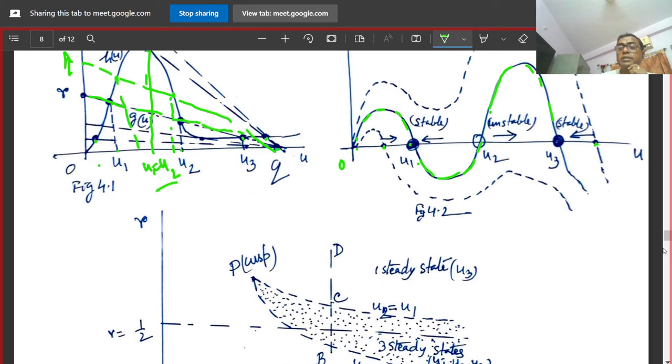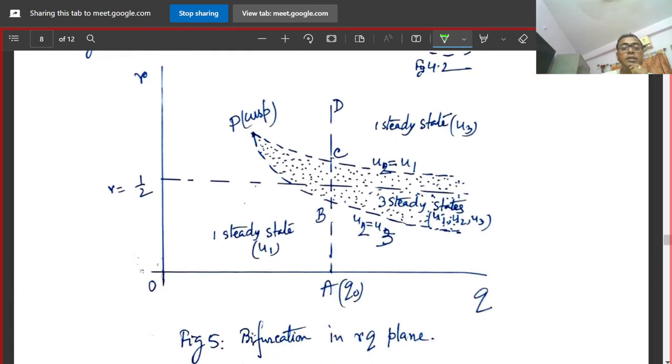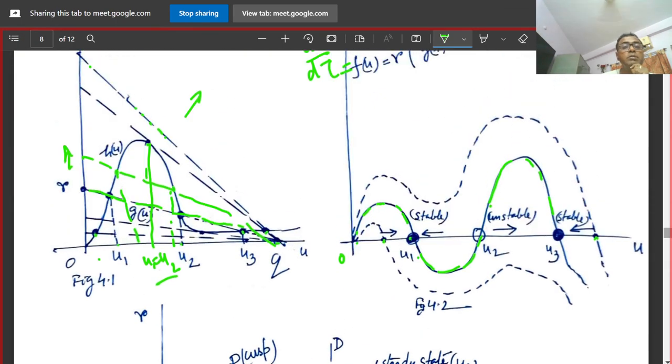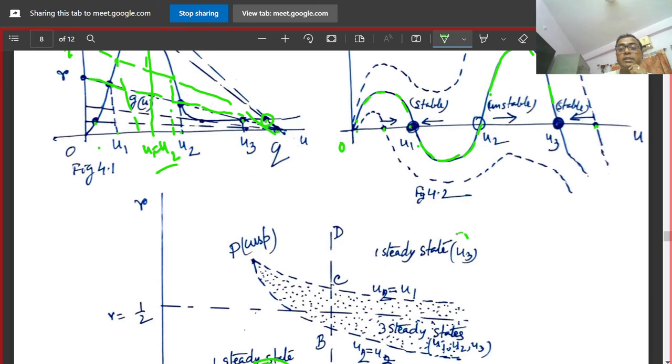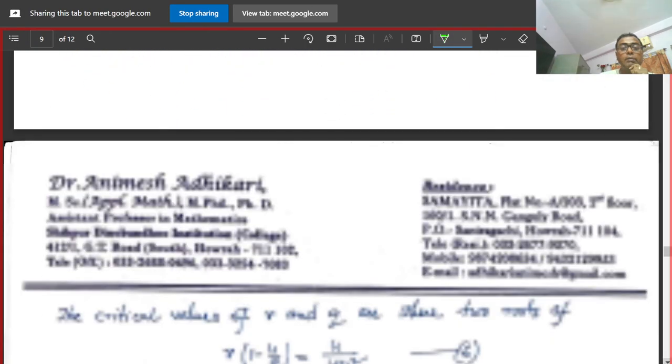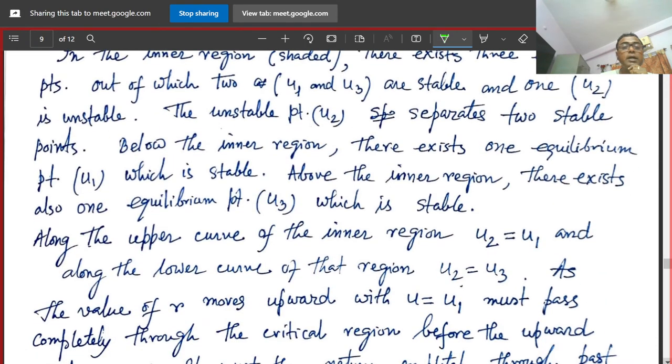So you get the steady state u1 here. And in the upper portion, away from the origin, you get only u3 as the steady state. So this is the bifurcation diagram.